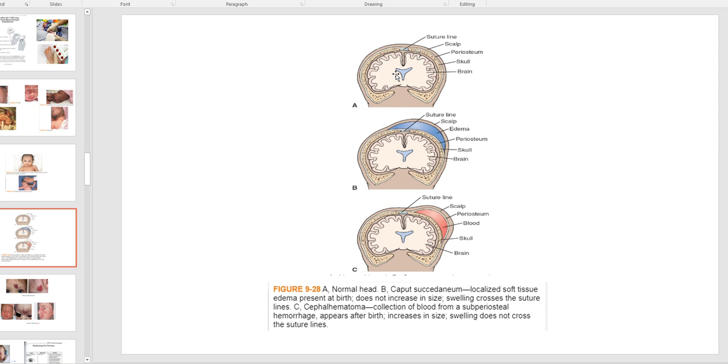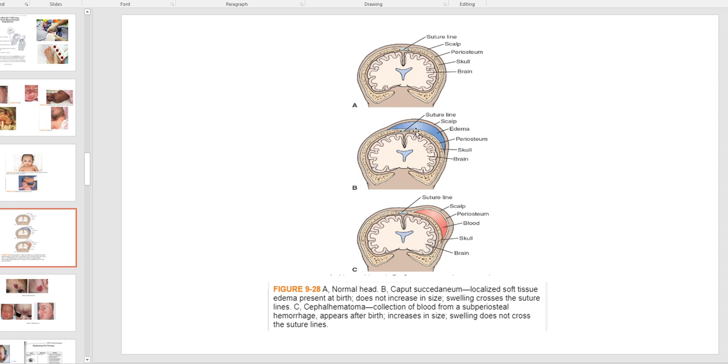Okay, so B is actually called a caput succedaneum, and it is where the hematoma or soft tissue edema crosses over the suture line. Okay. Cephalohematoma is where it does not cross the suture line. It's a subperiosteal hemorrhage, hematoma, and it does not cross.